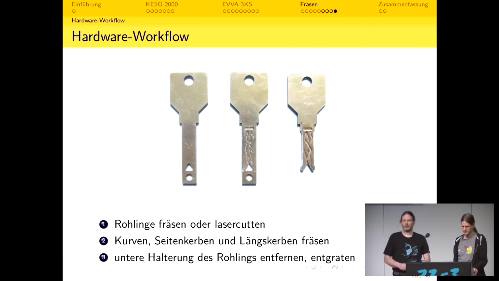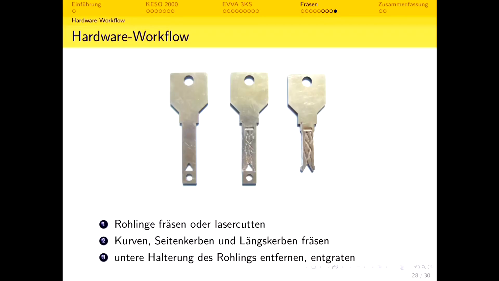Another possibility is, and we'll come to that in the end, we had someone laser them, and if we were to produce keys in a larger number, we could have them punched. The original keys are 2.1 millimeters thick. We used material with a thickness of 2 millimeters, and that works as well.